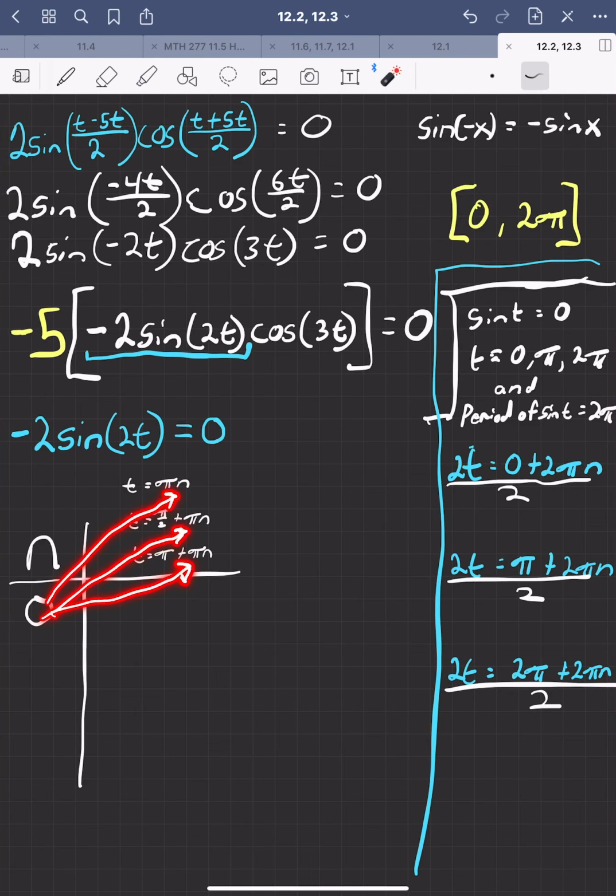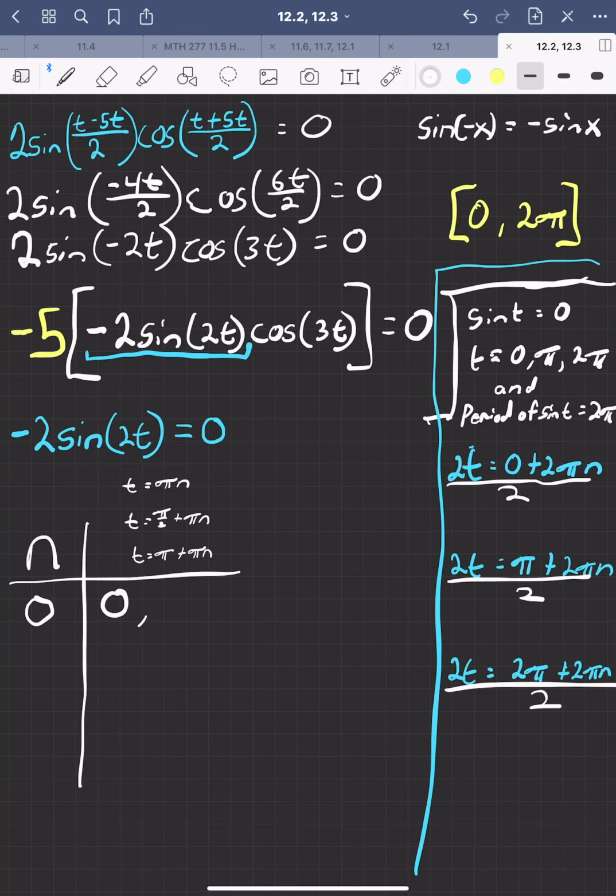And the game is that as long as the result is between 0 and 2 pi, then that value of t works. As soon as I get a value that's larger than 2 pi or less than 0, then I can stop playing the game. So if I were to choose 0 and plug it in, well, pi times 0 is 0.